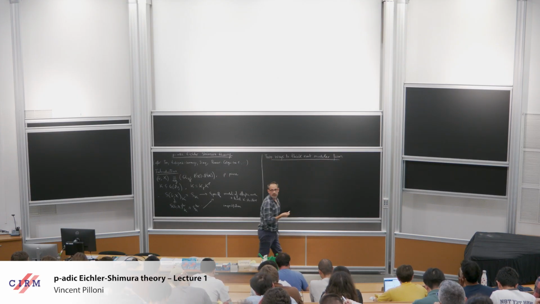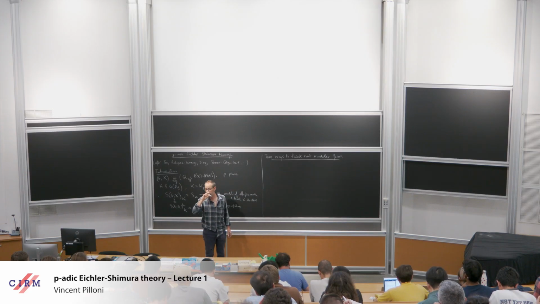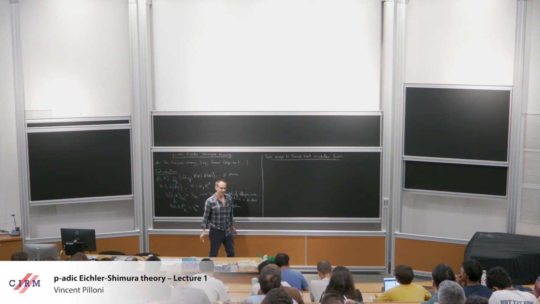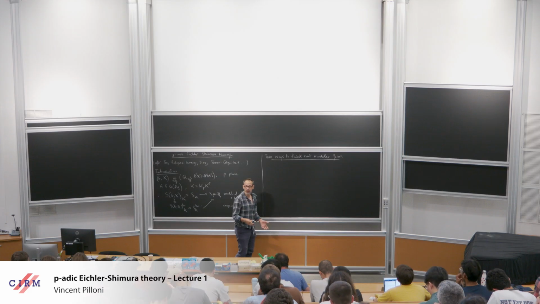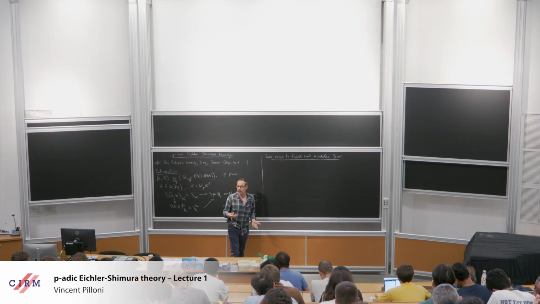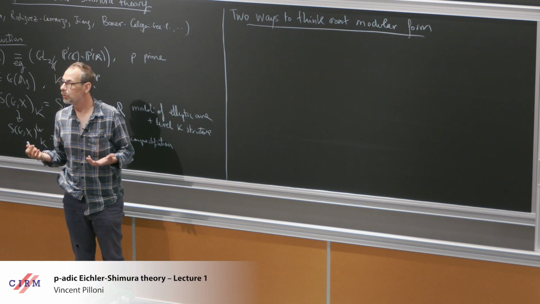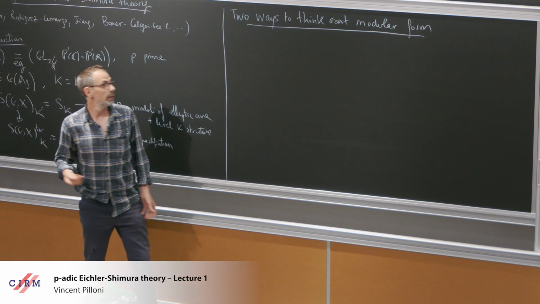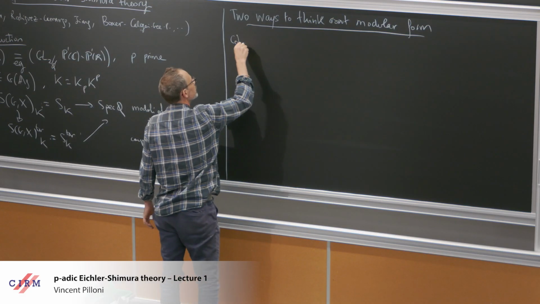The first way, which is perhaps the most elementary, like in Serre's book Cours d'arithmétique, is that you can think of modular forms as coherent cohomology classes. So that's the coherent perspective.